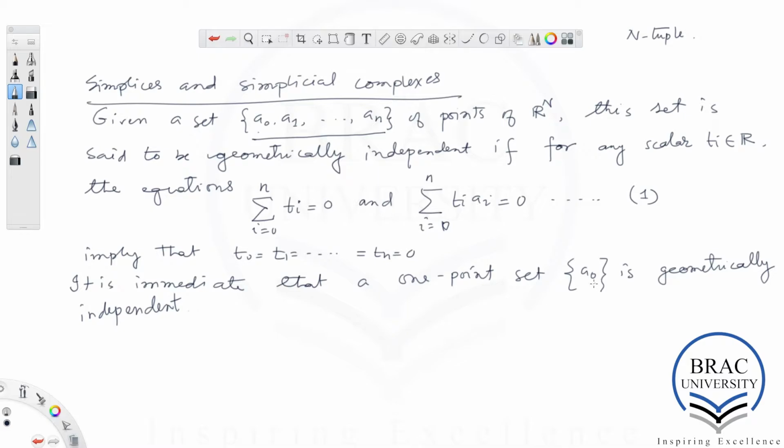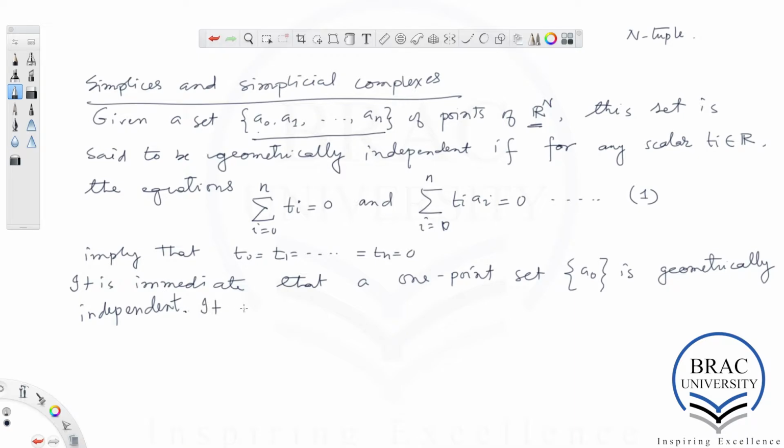If you just have the singleton set, then there is only one scalar coming into play, and the first equation tells us that that scalar is identically equal to 0. Everything becomes trivial then. So a singleton set consisting of one point of R to the n is always geometrically independent.